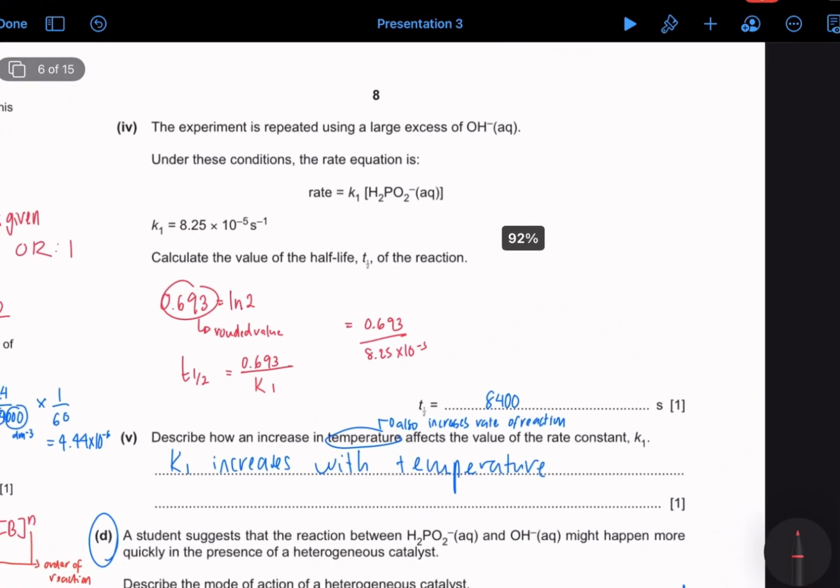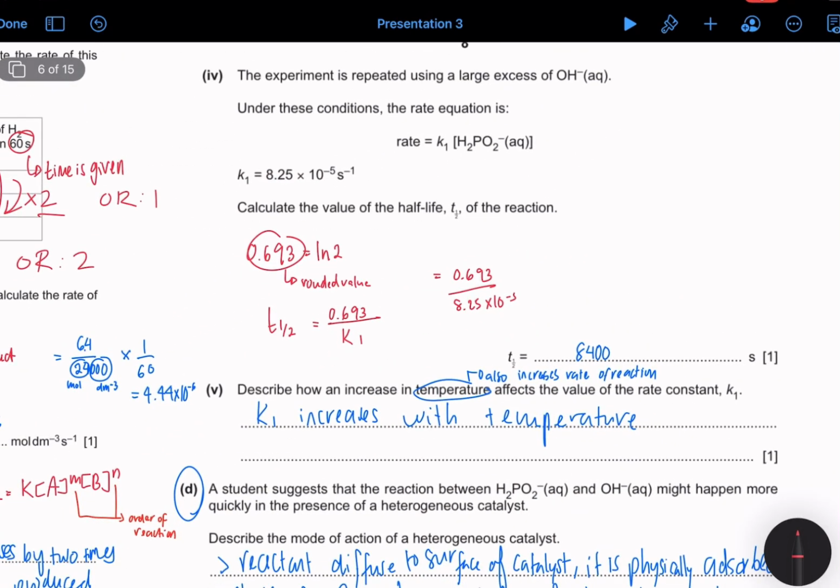Okay, question iv. The experiment is repeated using a large excess of OH⁻. Under these conditions, the rate equation is this one, and your k1 value is 8.25 times 10 to the power of negative 5.